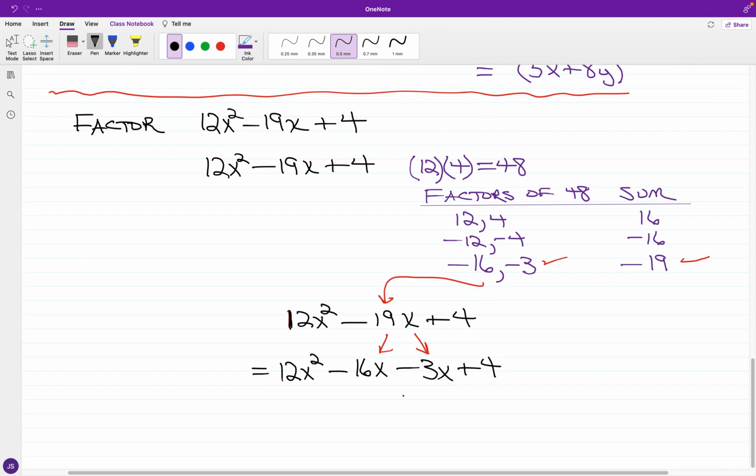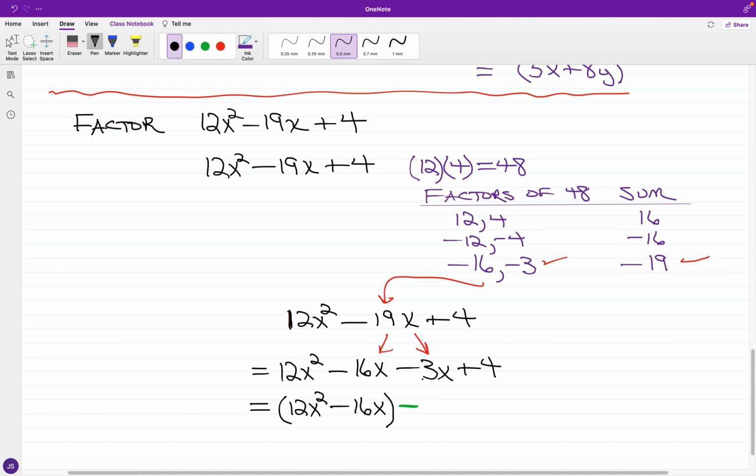And the new situation in this one is that once you group together, the middle operation is subtraction. So once we group together, we have 12x squared minus 16x. Now the middle operation is going to be subtraction.